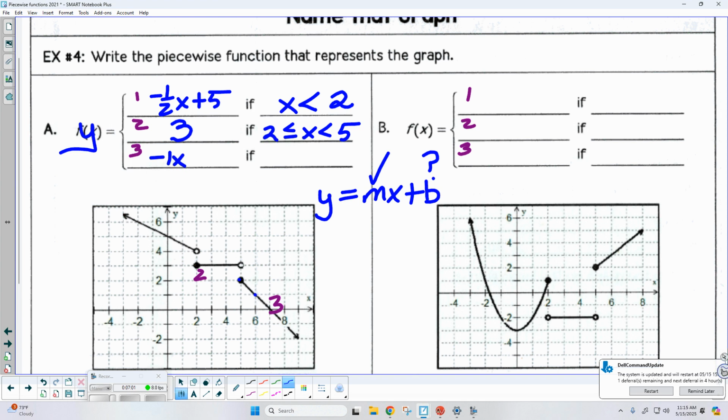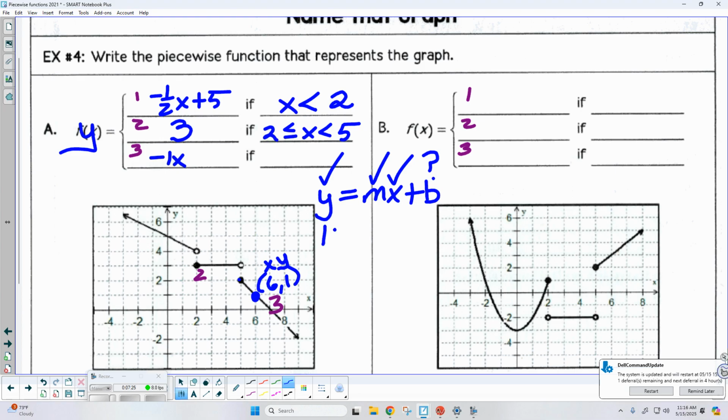Now, all I need is an x and a y to plug in. So choose a point from the line. Okay, so 6, 1. So you want to use 6, 1 right here. So there's my x and there's my y. Now we have everything else, and I can easily figure out what the y-intercept is.